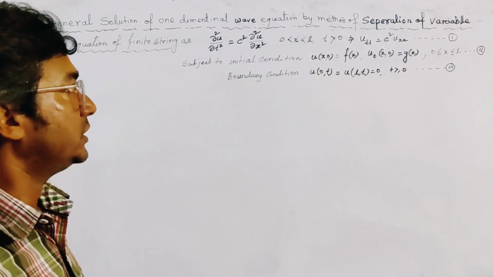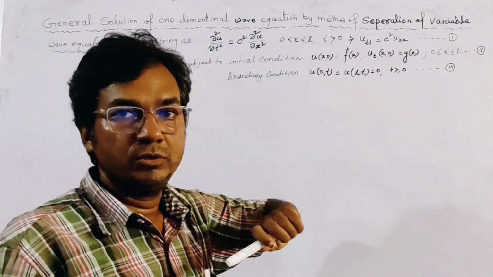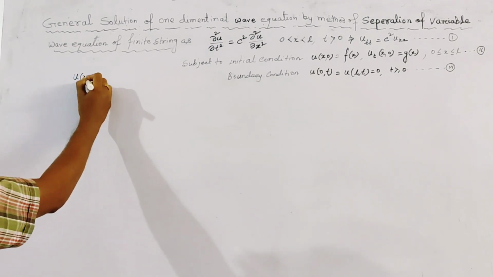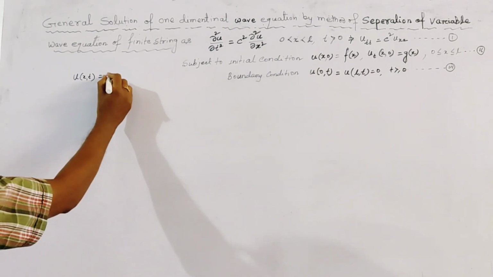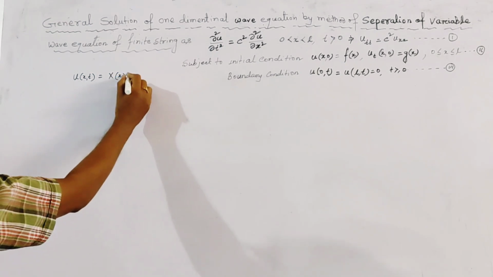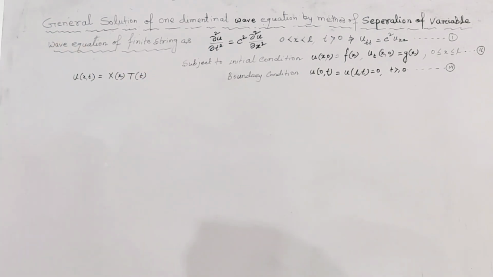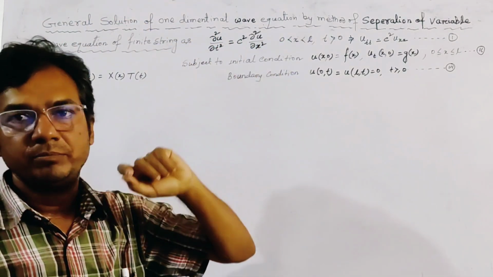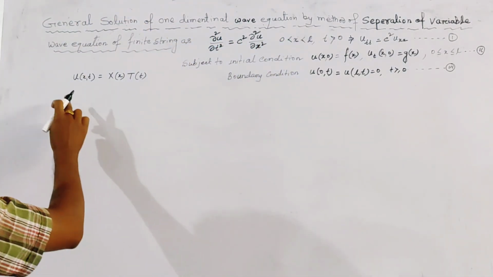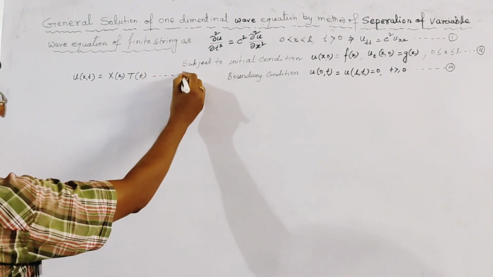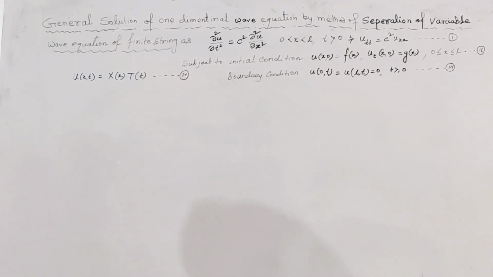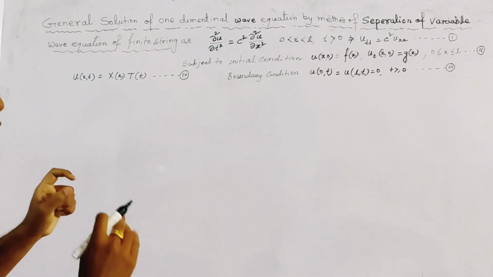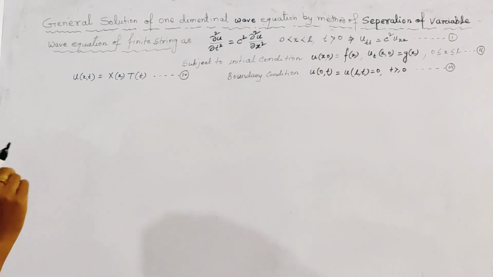Now to use the method of separation of variables, we first let u(x,t) equal X(x) T(t). This is the first step of separation of variables, and we name this relation number 4. Now we differentiate with respect to t two times and with respect to x two times.